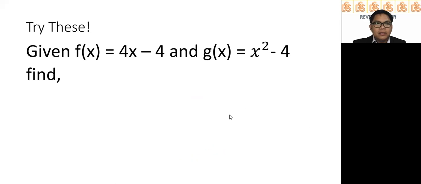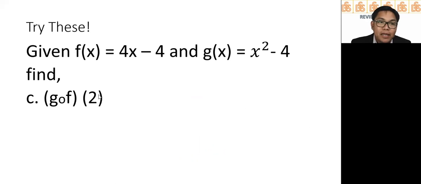So, if we are asked to find g of f of 2, this time, there is already a specific value. In that case, we will write first whichever function is closer to the value. In that case, it's f. Therefore, we will write first the function of f. Don't be confused, okay?